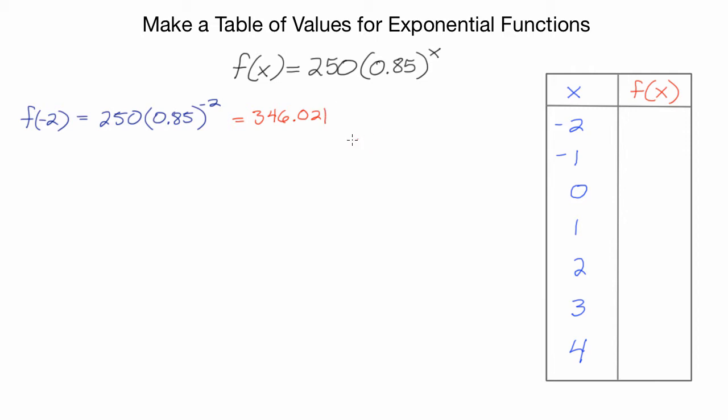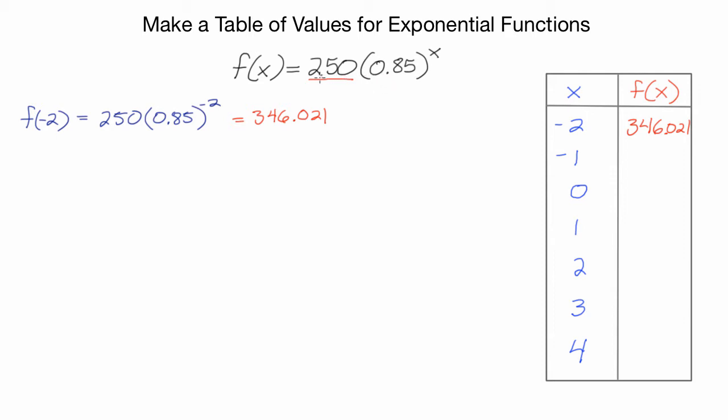So check your own calculations, make sure things are working out right. So my function gives 346.021. Now let's just take a moment to think about this. My starting value is 250, right? So we went -2 for the x value, so it's kind of going backwards, which usually means when I do negative it goes smaller.